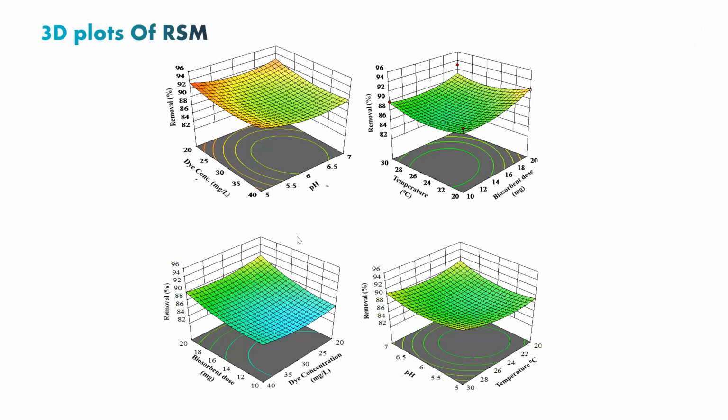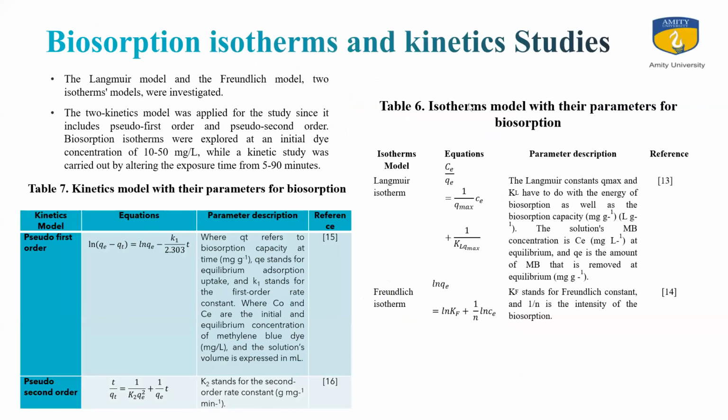These are the 3D graphs, and these parameters play an important role in this study. If the dye concentration increases, then removal decreases, but if we increase the adsorbent dose, then the dye removal also increases. So this is the role of all the parameters.